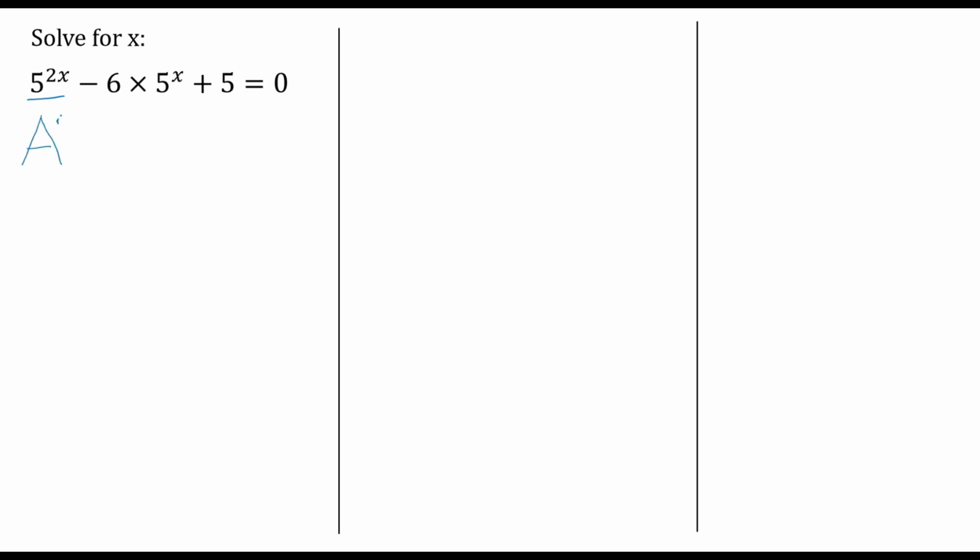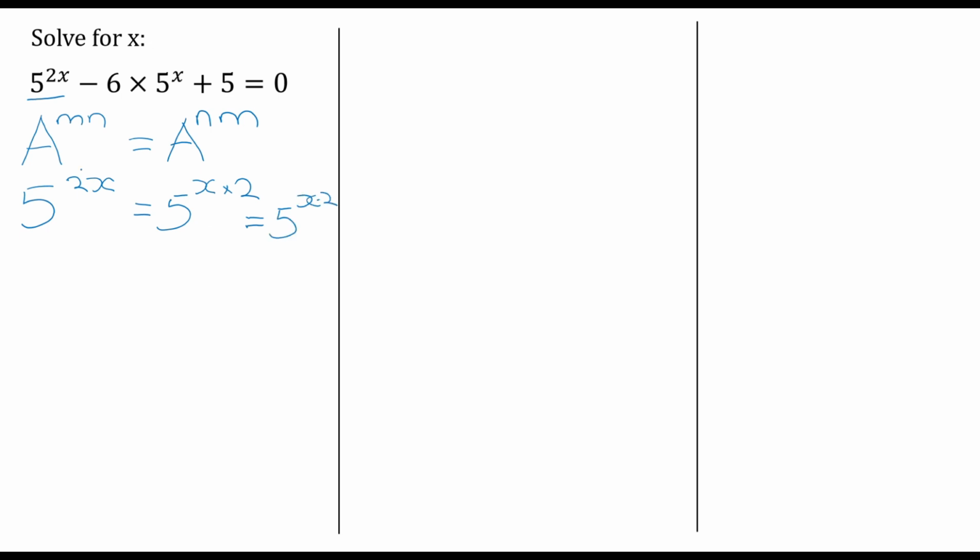states a to power mn is equal to a to power n multiplied by m, or a to power nm. In other words, 5 to power 2x is the same as 5 to power x multiplied by 2, which is equal to 5 to power x, squared.